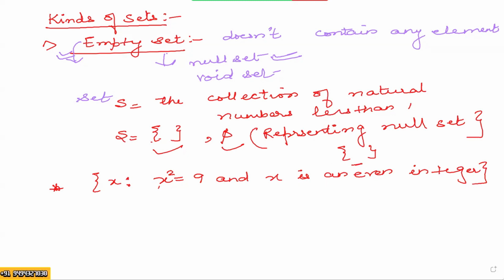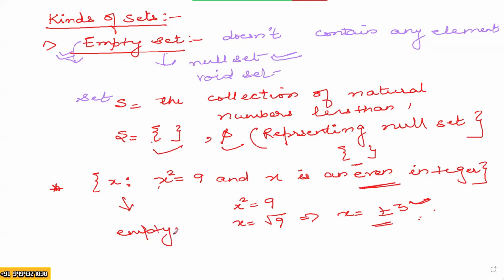On solving x square is equal to 9, the value of x will be root 9, or plus minus 3. So 3 is your odd number. So it can be an odd integer, not an even integer. So which set is it? Empty set. Yes.